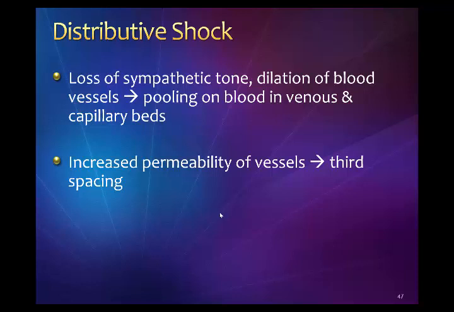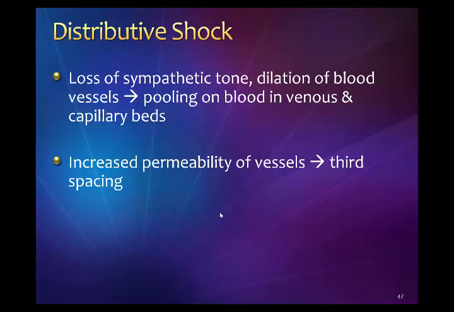All right, we're going to move on and talk a little bit about distributive shocks. And distributive is just the category, and under the category is neurogenic, septic, and anaphylactic shock. All 3 of those are considered a distributive shock.